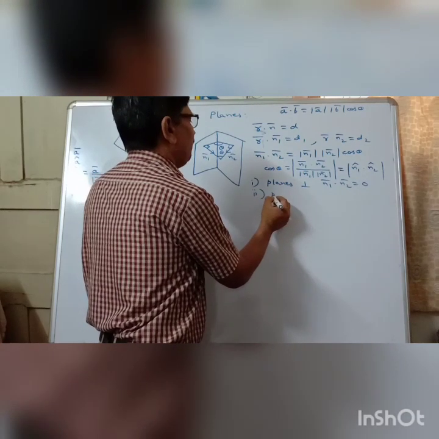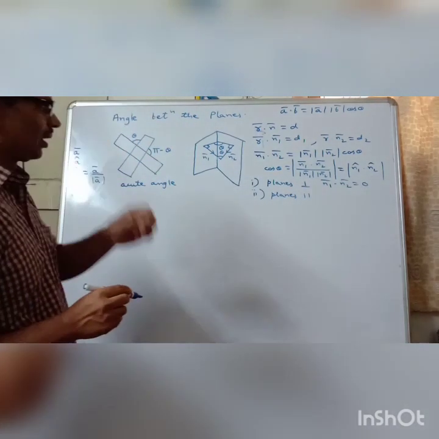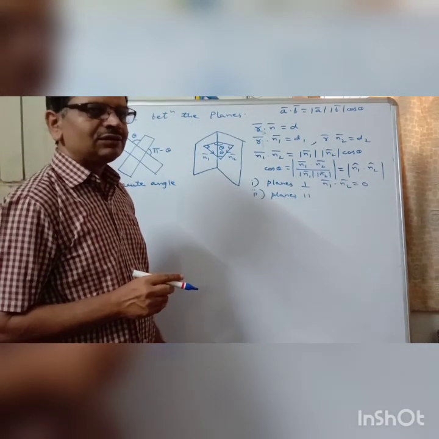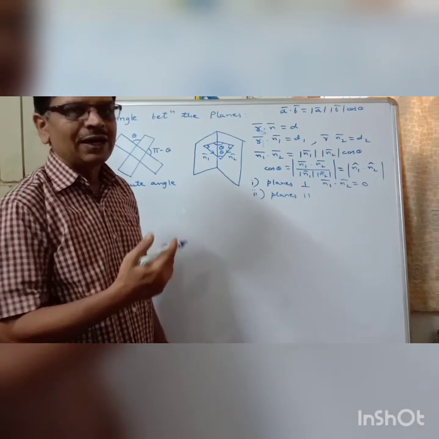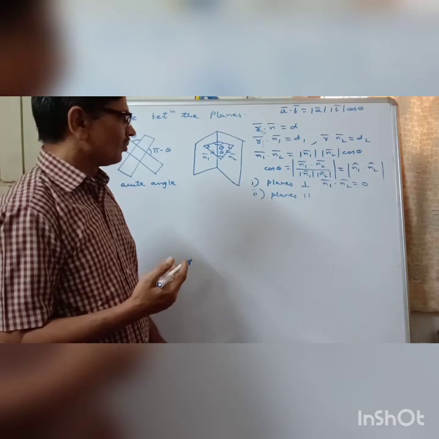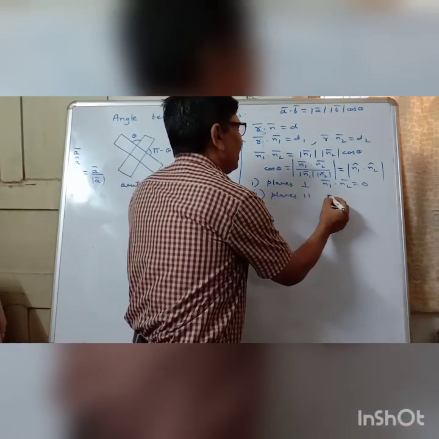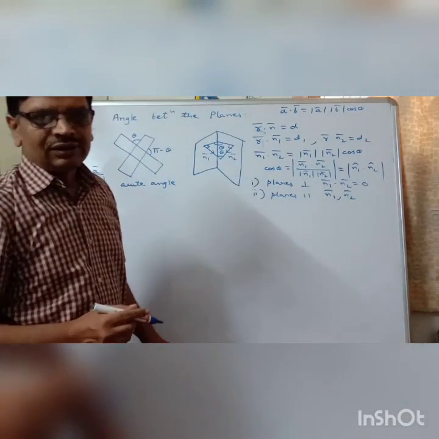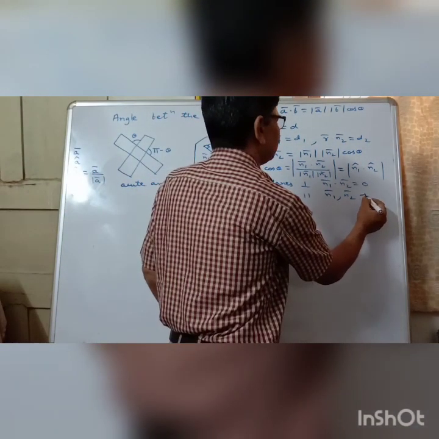If planes are parallel, in that case, normals are also parallel to each other. And as normals are parallel, it means that N1 bar and N2 bar have the same or opposite direction.